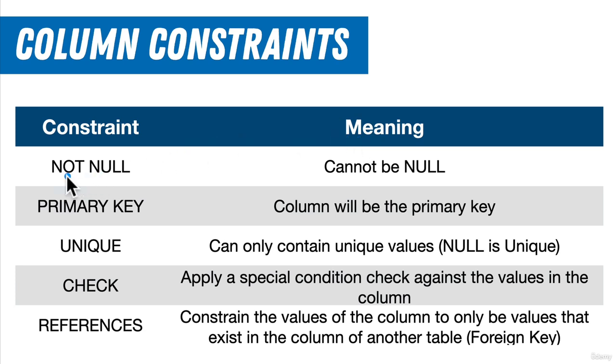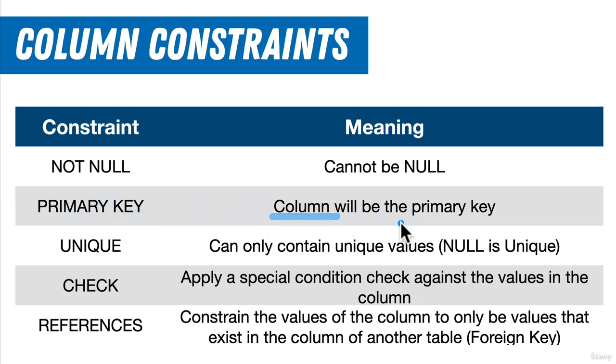One that we're very familiar with and have seen throughout the course is not null. It cannot be null. It has to have a value. It cannot be the value null. That's pretty easy. We know all about null values. We're null professionals. Primary key is another one, and we just applied this to the student table.